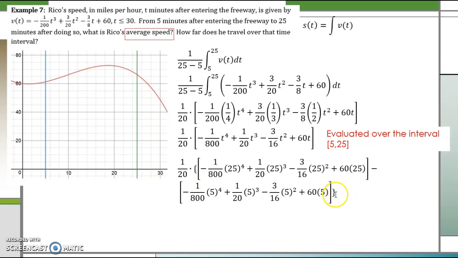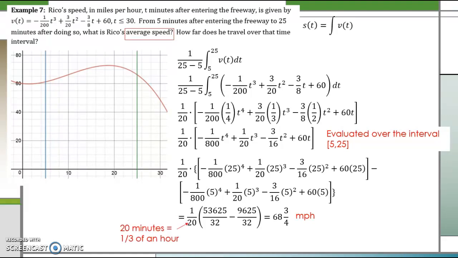And then I'm going to close my bracket here, my brace, so that 1/20 is being multiplied by whatever is on the inside here. Simplifying a little bit using the order of operations, I see that I still have 1/20 times all of this stuff, which is equal to 68 3/4 miles per hour.